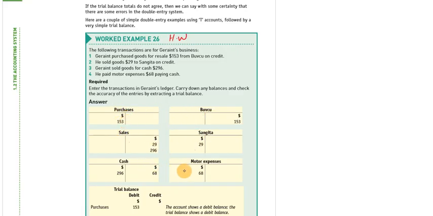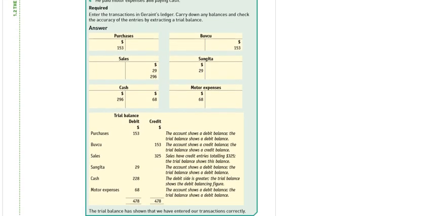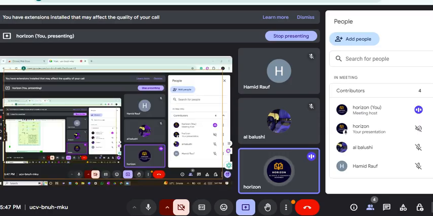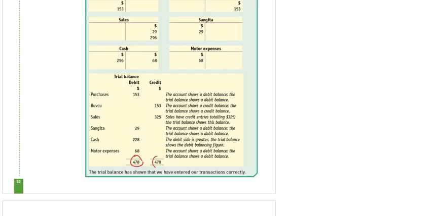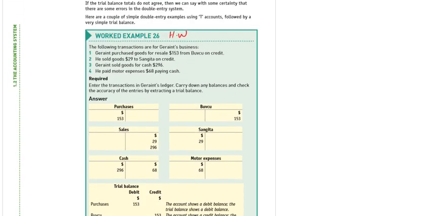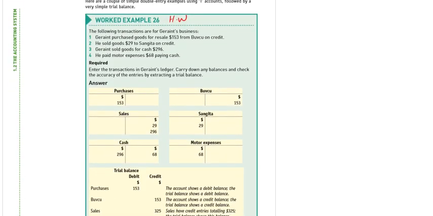We have 6 ledgers. After making the trial balance, you can see the debit side of the trial balance is equal to the credit side. So it means you have correctly recorded the ledger balances in the trial balance. It's your homework. We have already done it.